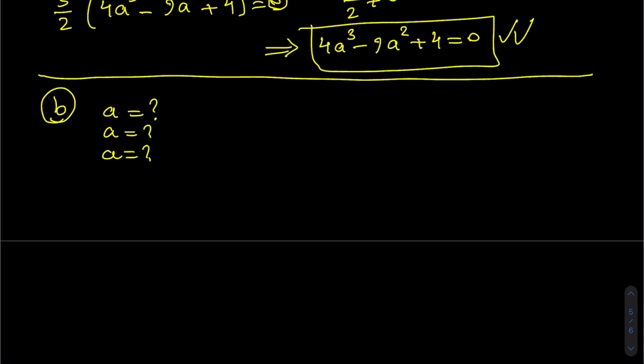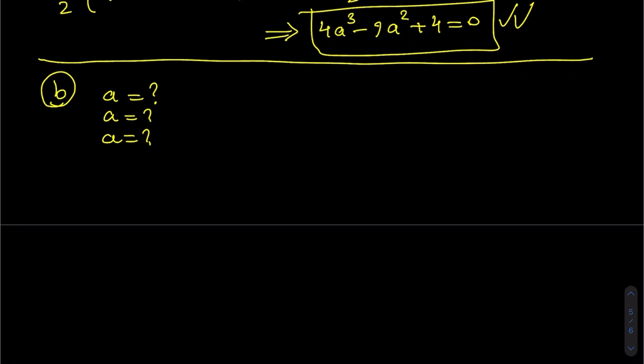In the previous video, we talked about how to factorize and how to find the roots of a cubic expression or a cubic equation. By following those steps, we can simplify this equation into the following: a minus 2 times 4a to the power of 2 minus a minus 2 is equal to 0.